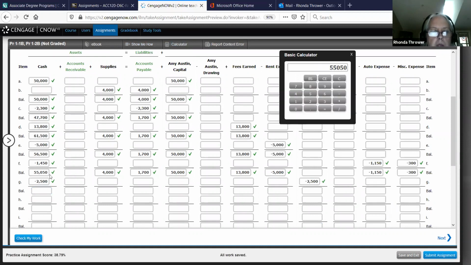Our cash balance was $55,050. We're going to subtract out $2,500. We have a remaining cash balance of $52,550.